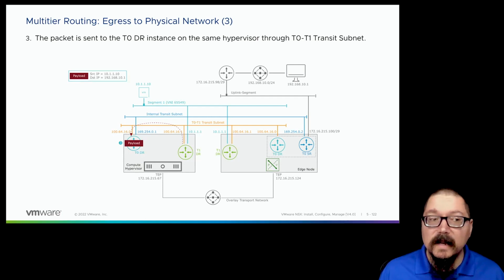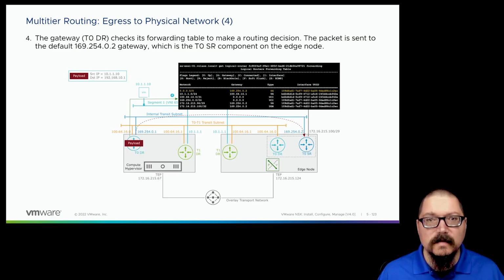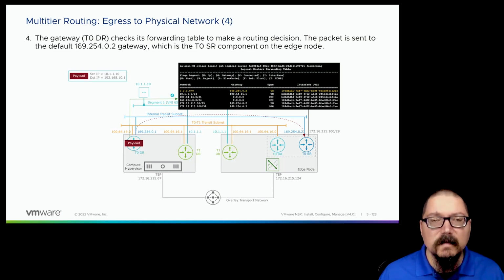From here, the tier 0 distributed router is going to look at its routing table. And its routing table says, well, to get out to 192.168.anything, I have to go to my 169.254.0.2 address. That's my next hop, 169.254.0.2. So that tells me we have to go across the intra-tier transit segment now.